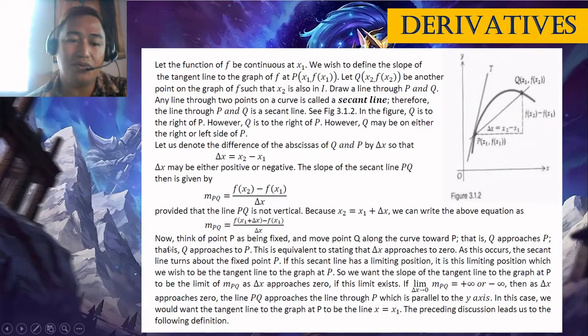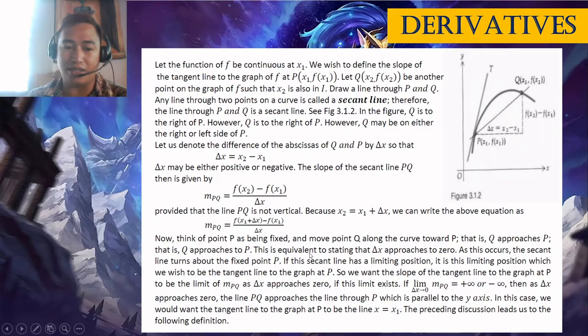Now, think of point P as being fixed, and move point Q along the curve toward P. That is, Q approaches P. This is equivalent to stating that delta x approaches 0.